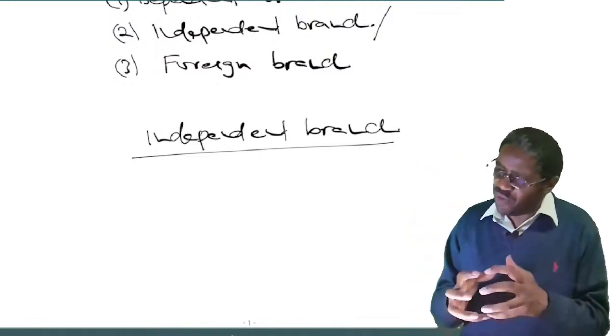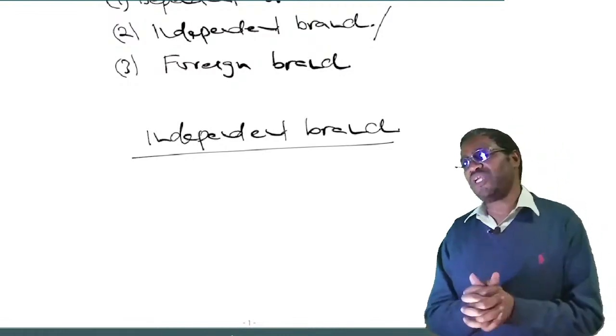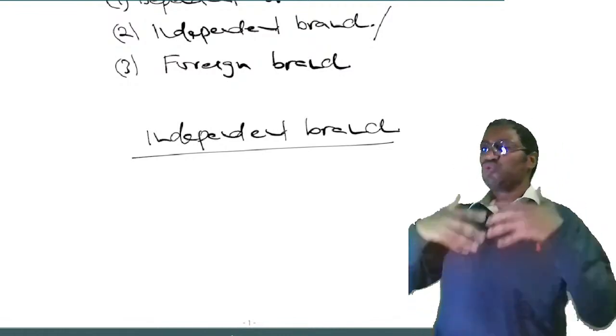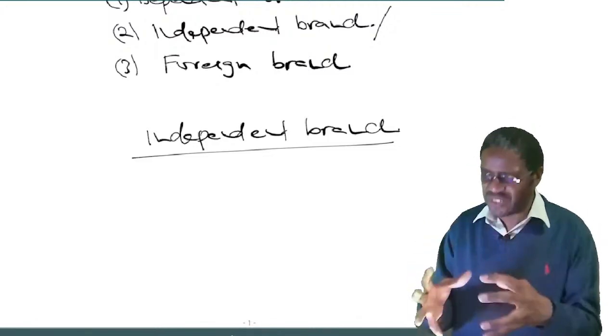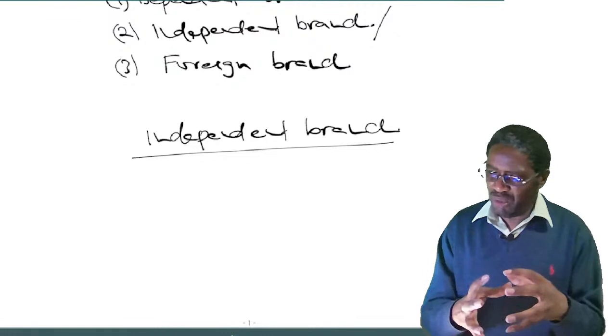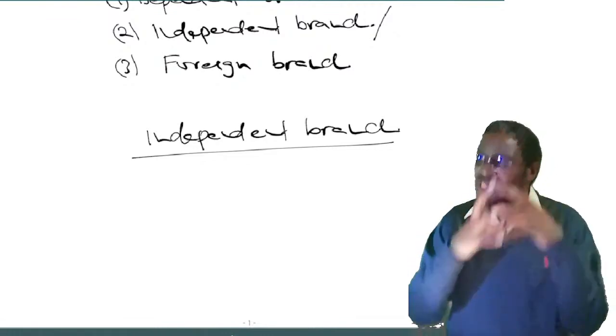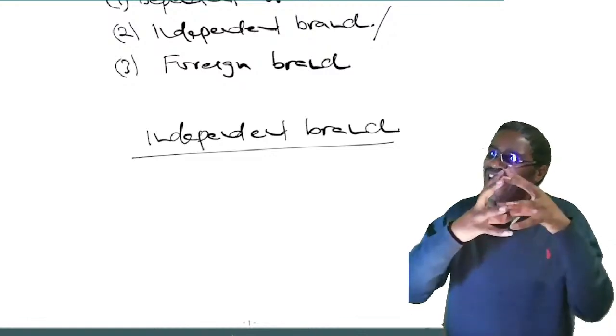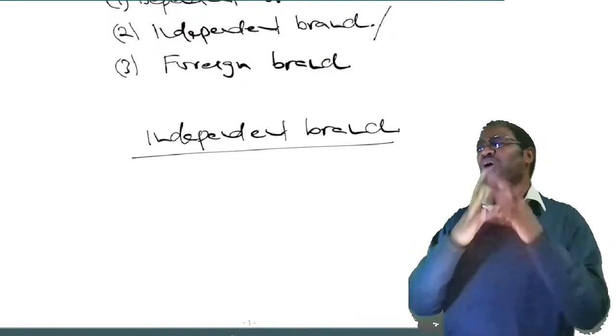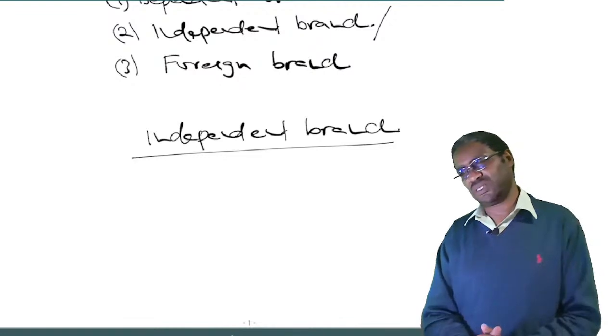It's not like when you are a head office here in Nairobi, you go and construct a building or start a business in Mombasa so that they sell the goods on your behalf, where they depend entirely on you, even for finances.